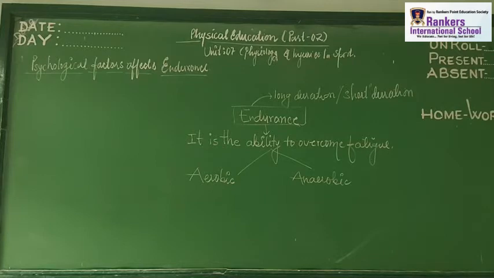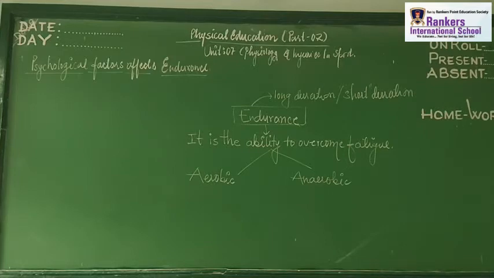It is also called muscular endurance. So short-term endurance, anaerobic endurance and muscular endurance, all three are the same. This component of endurance is helpful to perform activities of a longer duration with faster speed.